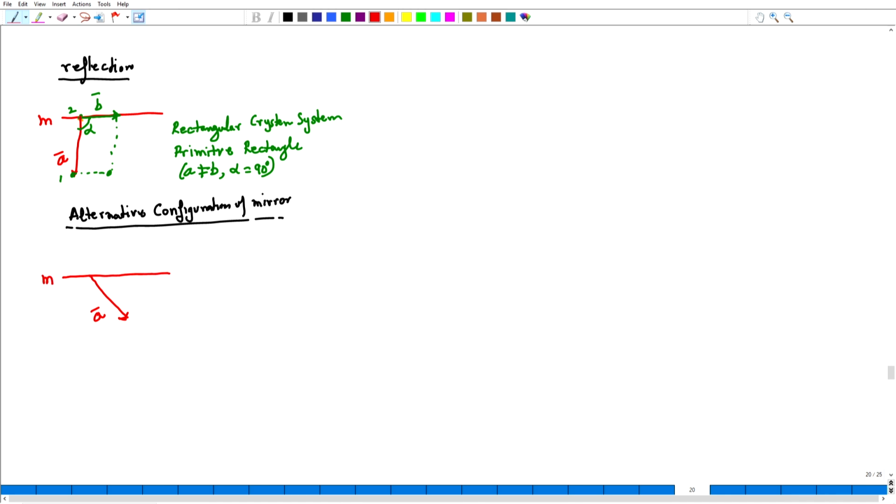So, this is the alternative configuration. Now, what will happen? How will this reflection operation operate on the vector A? Well, it will reflect the vector A on the other side, forming the vector B.